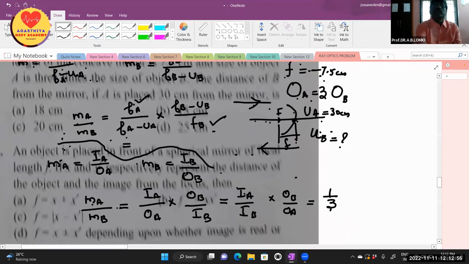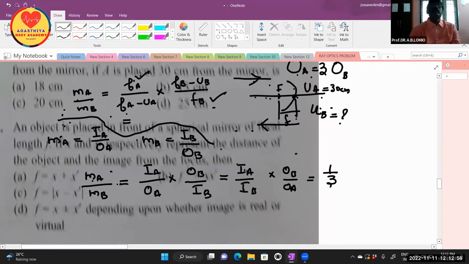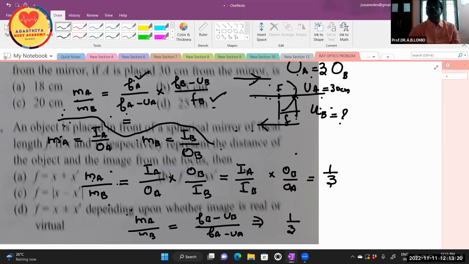What can we do? Let us substitute the values. In the numerator FB minus UB, in the denominator FA minus UA. Next, MA divided by MB is equal to 1 by 3. Correct? That is equal to FB minus UB over FA minus UA.